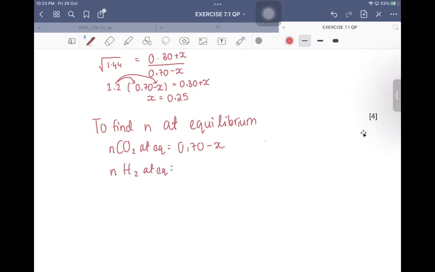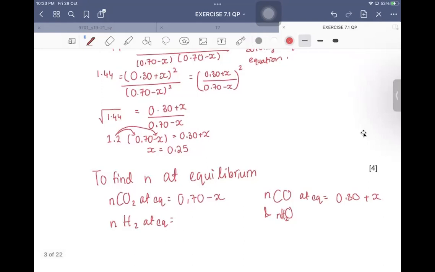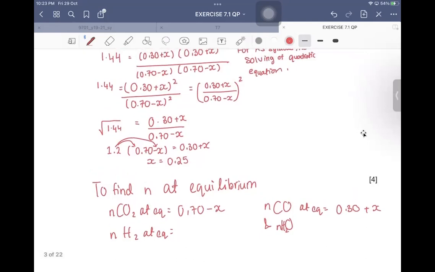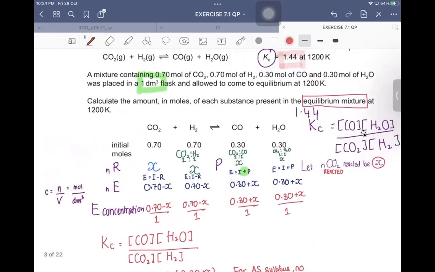Okay, the number of moles of products, H2O, at equilibrium is 0.30 plus x. So it works for both. Your x is the one that you just found from the long algebraic process. Okay, so that answers your question.